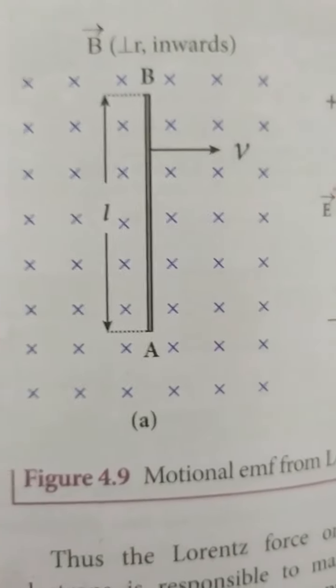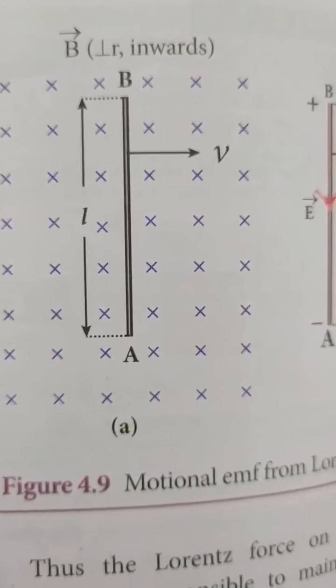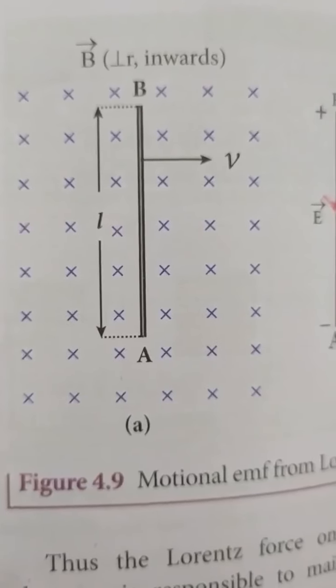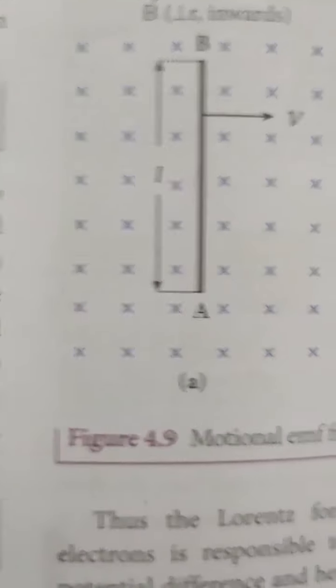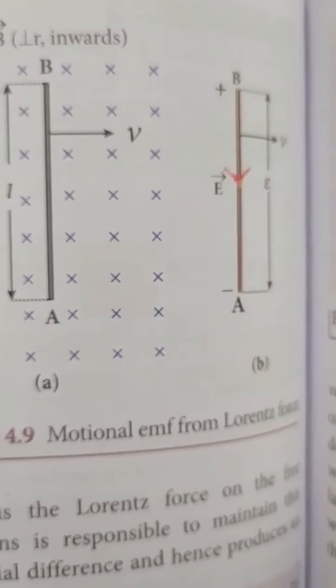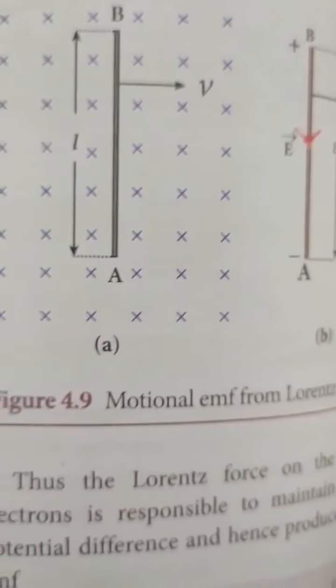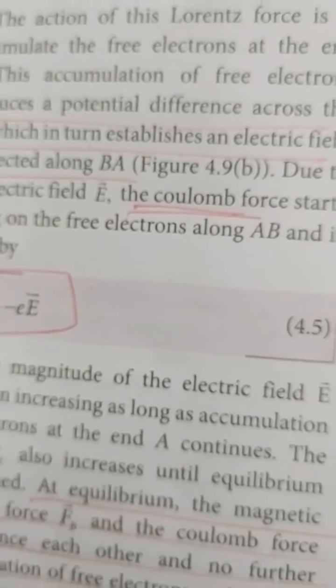In this diagram, when AB moves, the electrons flow from B to A, so the current flows from A to B, and the velocity is v. In this case, because of that, a Coulomb force is produced.